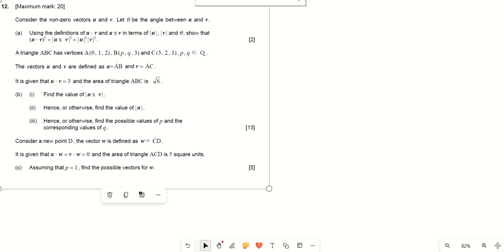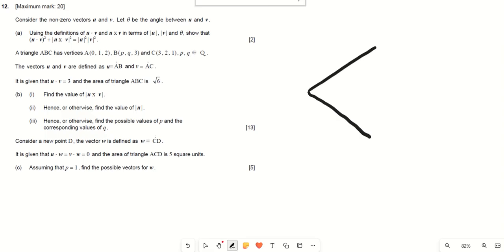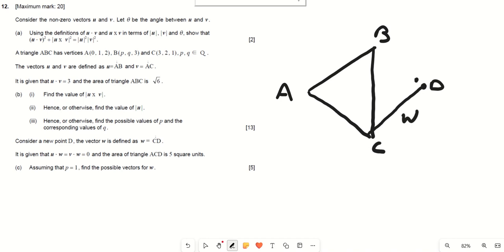Now in part C we get a new point D. So we had our triangle ABC. And now we get this point D, and I know that the vector, so let's say D is here, and this would be the vector W. So we know that the vector W, the dot product with U and the dot product with V is 0.